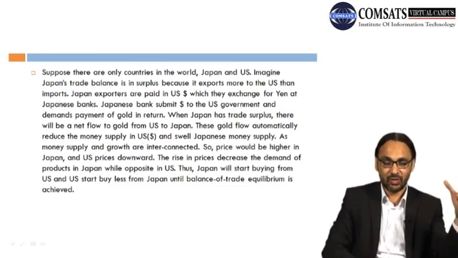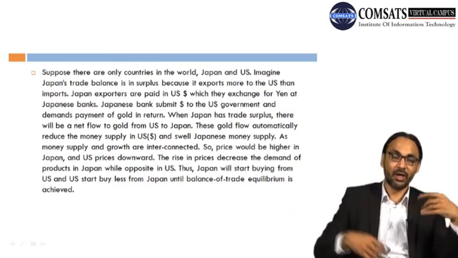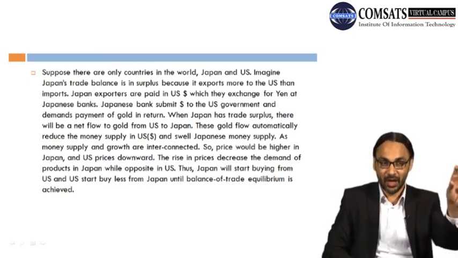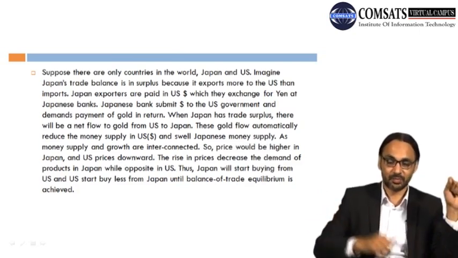And in the USA, what happened? The supply of dollars is reduced, because all these dollars are going to Japan. So the supply of dollars is reduced in the USA and the supply of yen is increased in Japan.